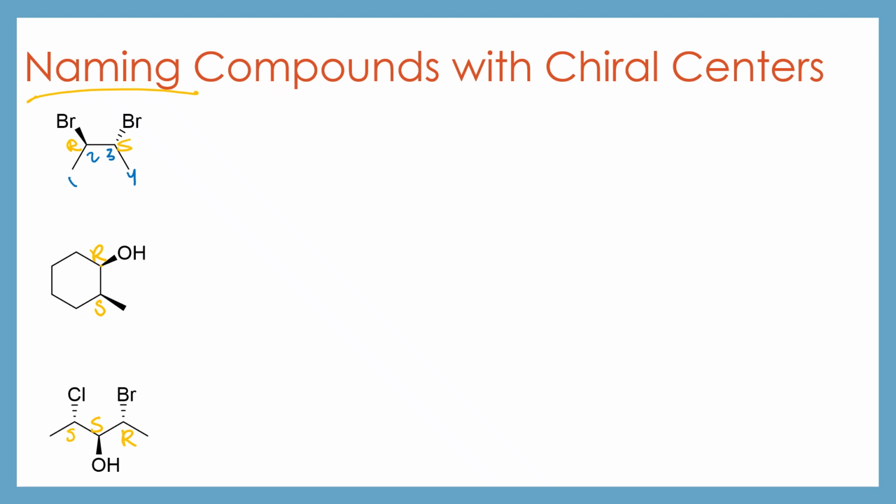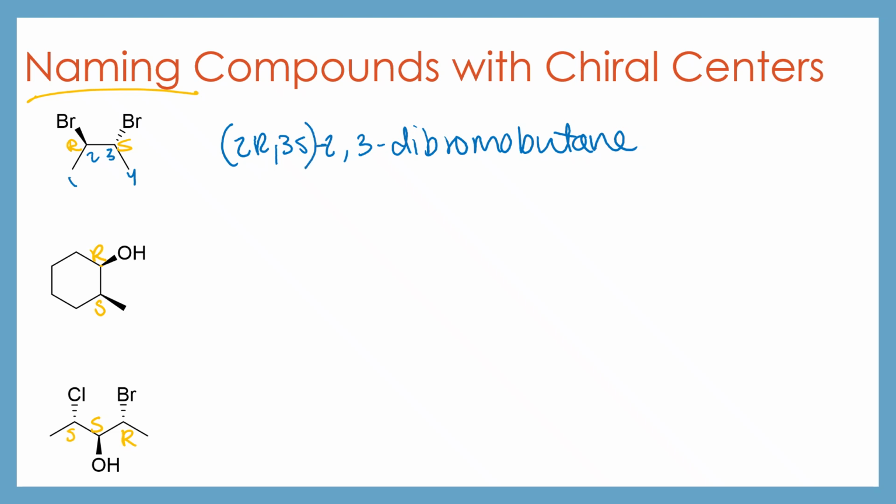So this would be 2,3-dibromobutane is the bulk of the name. And then to indicate which specific stereoisomer this is, because there are multiple, we're going to call this 2R,3S. Put a little dash there. So we're just listing our locants and our designations.